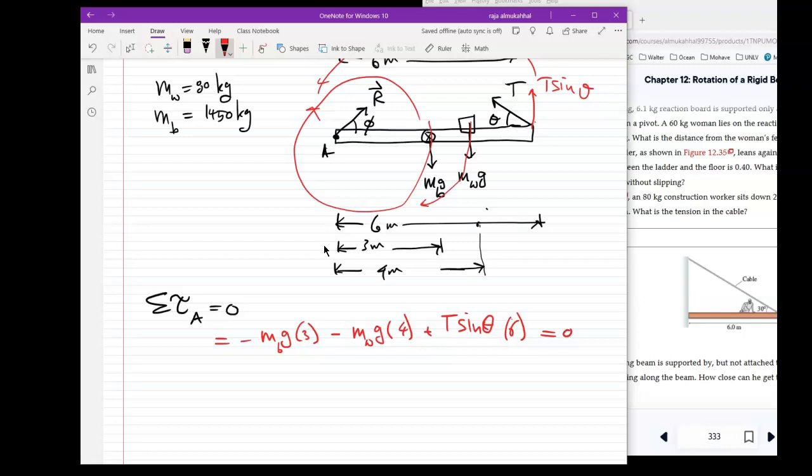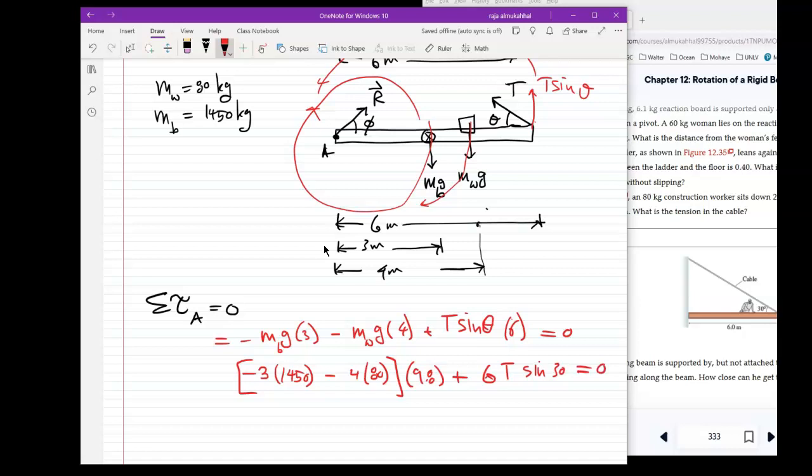So I'll end up with, if I plug in all those numbers, it's going to be minus 3 times 1,450 minus 4 times 80 bracket, times 9.8, plus 6T sine 30 degrees, and that equals 0.